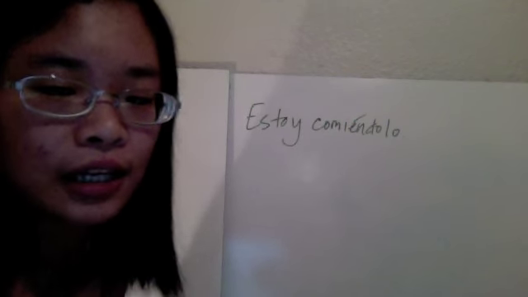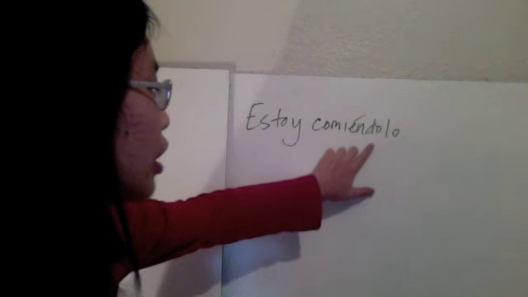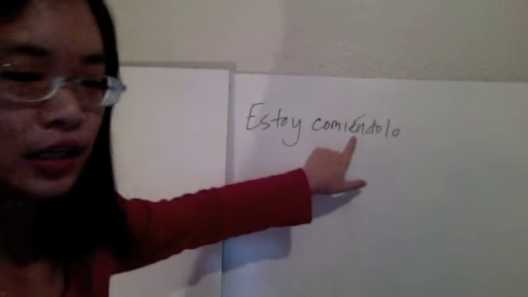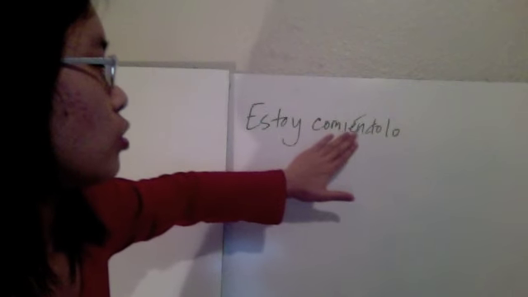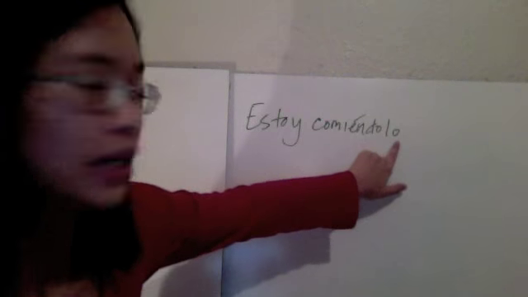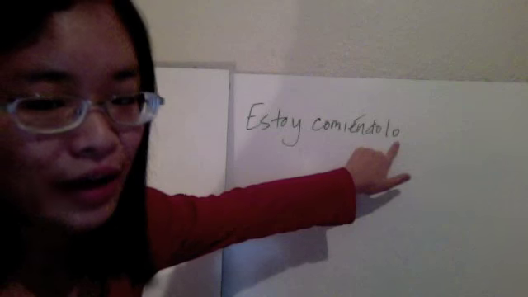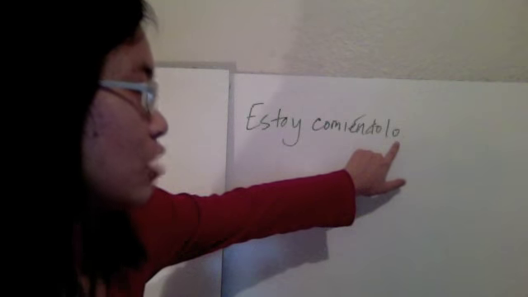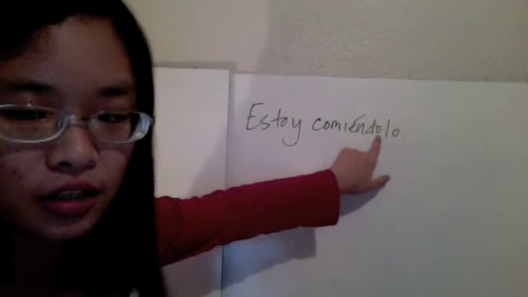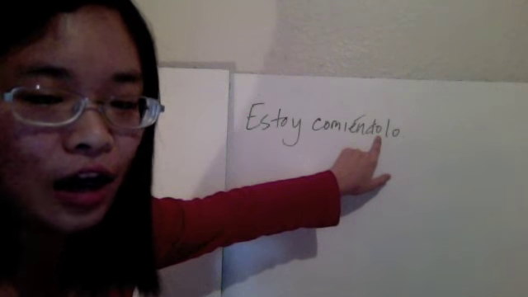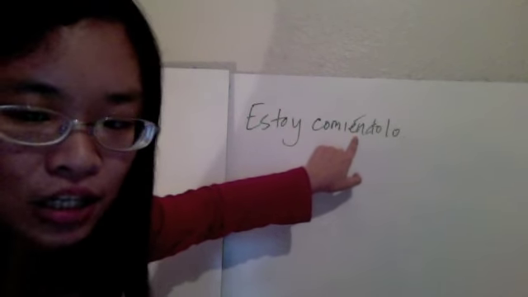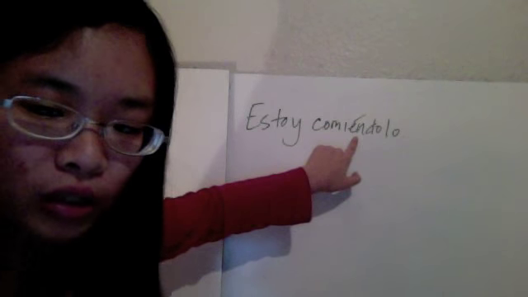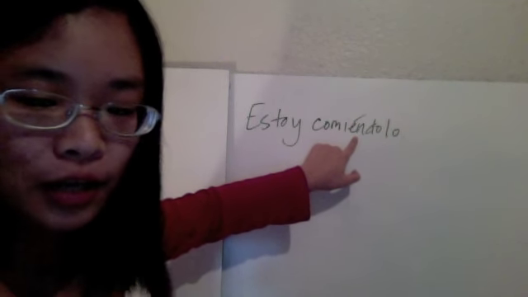I am eating it. We attach the lo here, and we put accent over here. And that's because without accent mark would be comiéndolo, because O is a vowel. Without accent mark, stress naturally falls on this O, second to the last. But that's not how we pronounce it. That's why an accent is needed to indicate that rule number 1 or number 2 does not apply.